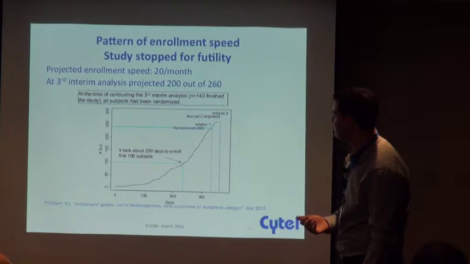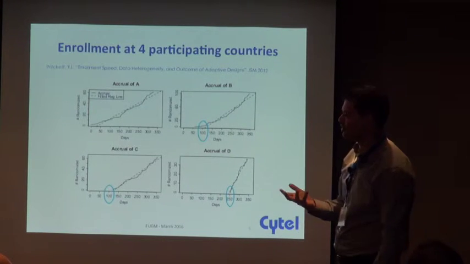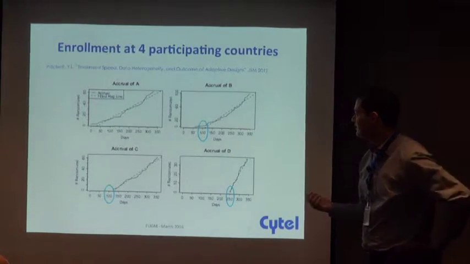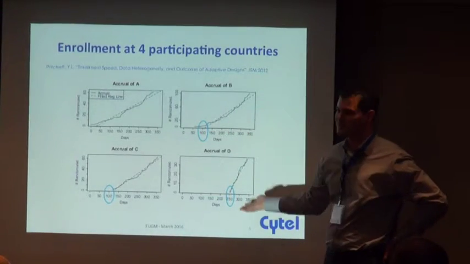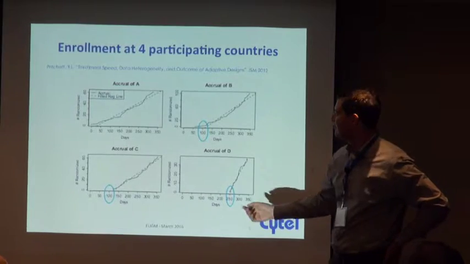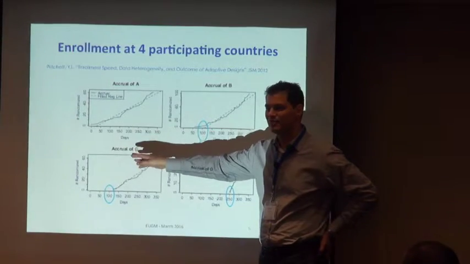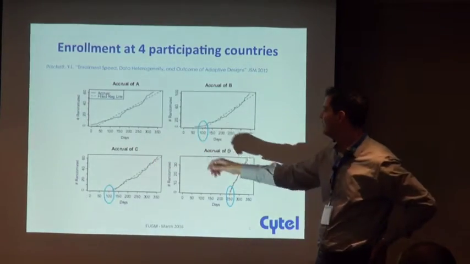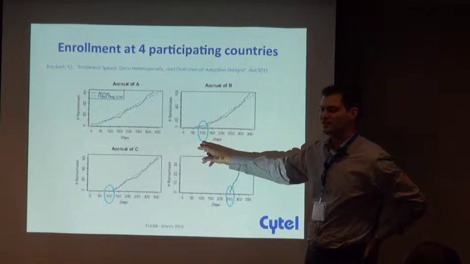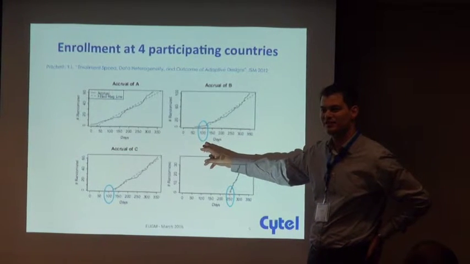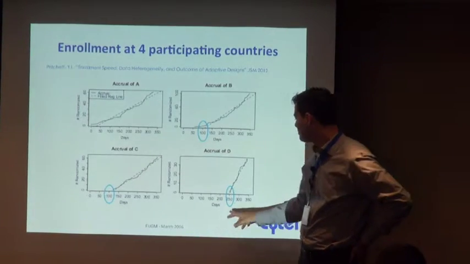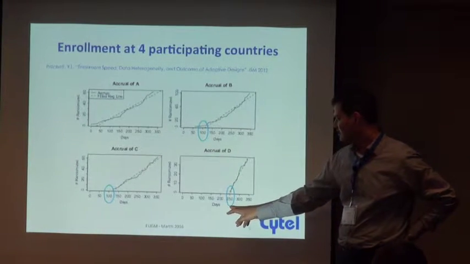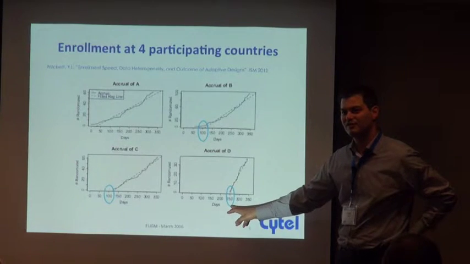So, the important message is controlling enrollment speed. And what typically happens is, you can see here, these are 4 participating countries. Country A started right from the beginning accruing. Country B started getting patients around day 100. Same for country C. And country D started getting patients around day 250.